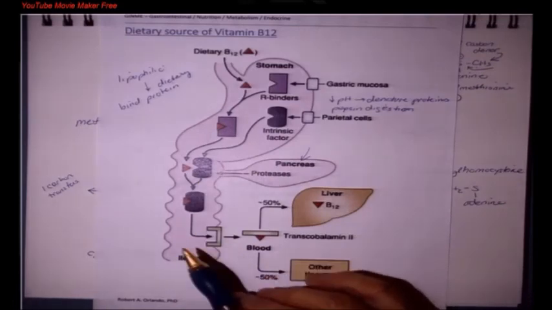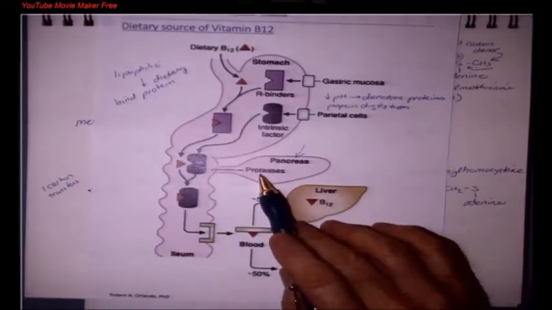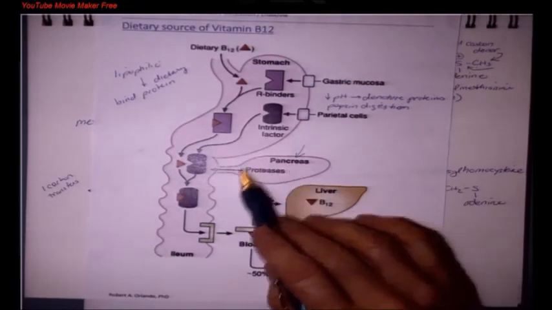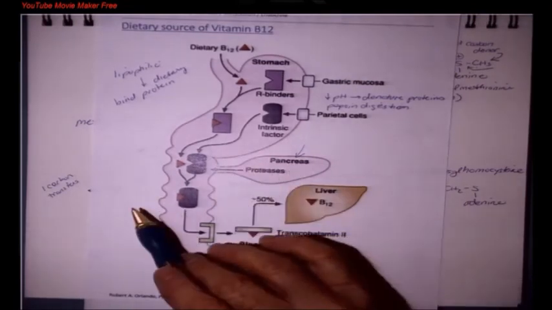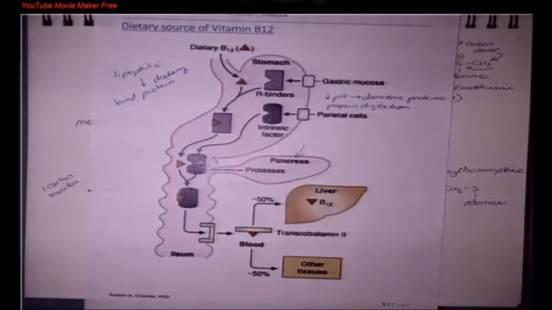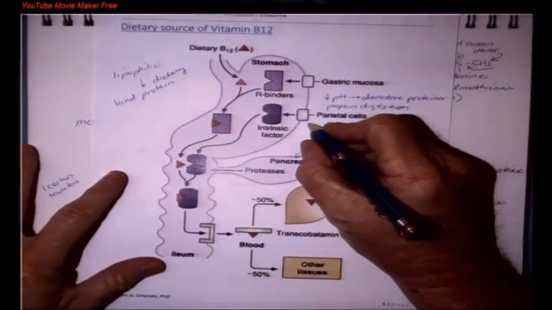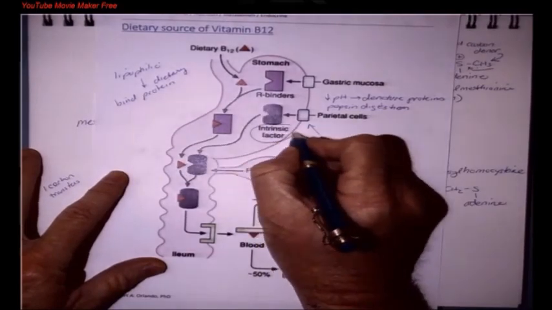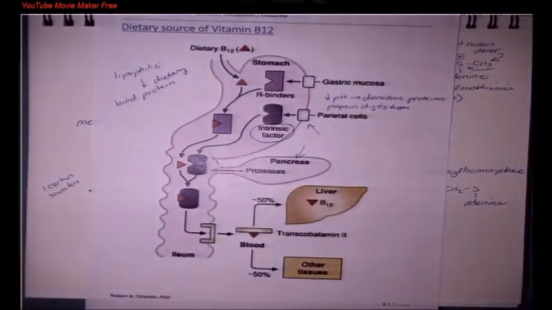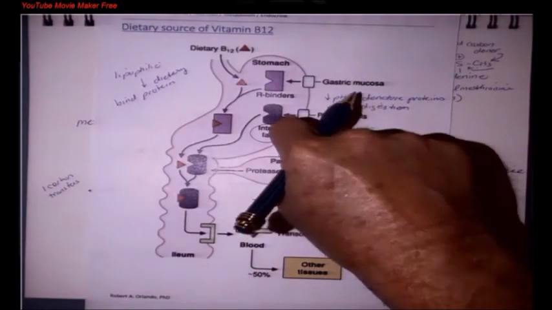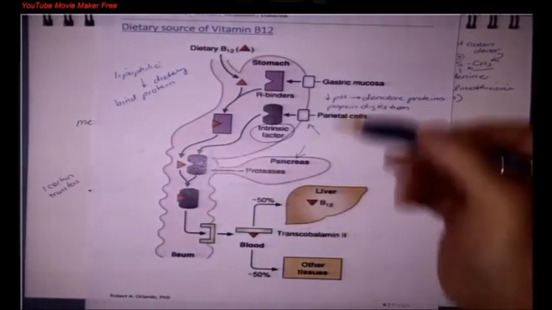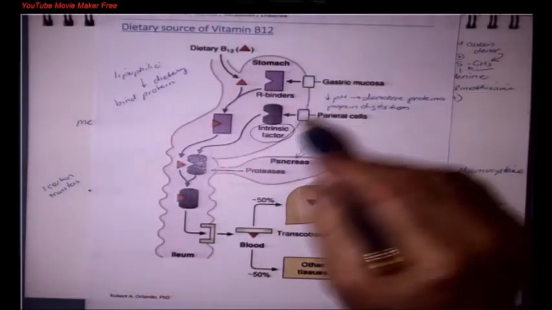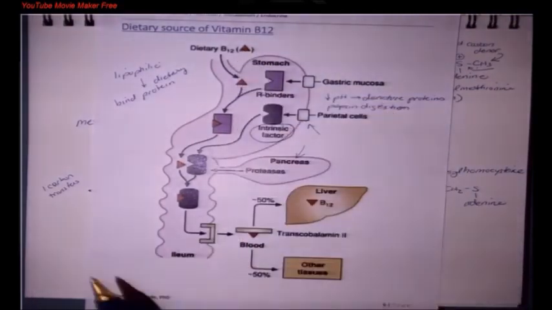And so B12 could be absorbed onto these proteins in the pancreas and have the same problem as they entered the diet. So what we're going to do now is the parietal cells are going to be secreting intrinsic factor. Intrinsic factor is going to substitute for the dietary proteins, and it's going to bind the vitamin B12.